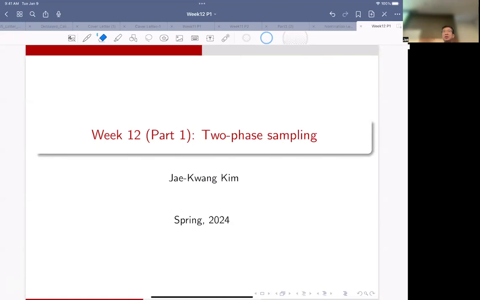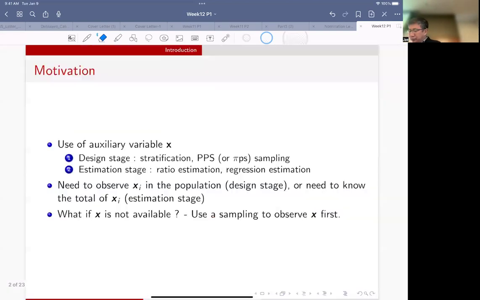And nowadays, especially in causal inference and active learning, and in the machine learning context also, this two-phase sampling idea can be very useful. So I'd like to first emphasize that, and then move on.